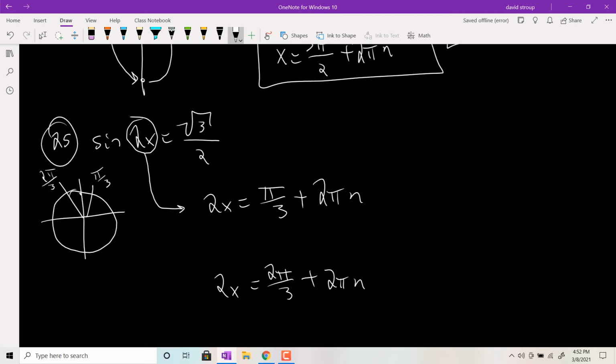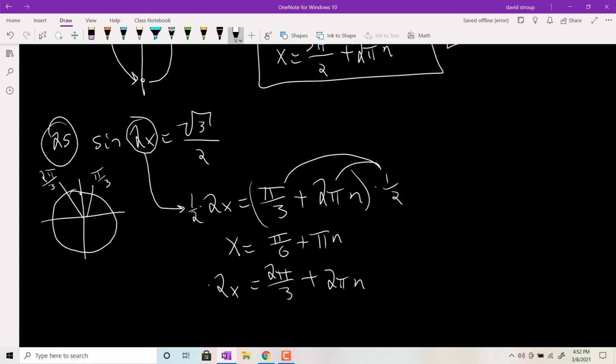Now the different part is the last part. You have to divide both sides by 2, or multiply both sides by 1/2, to get your x equals answer. So you multiply here by 1/2, here by 1/2. You'll end up with x equaling pi over 6 when I distribute, and then plus pi n, so 2 pi n over 2 is just pi n.